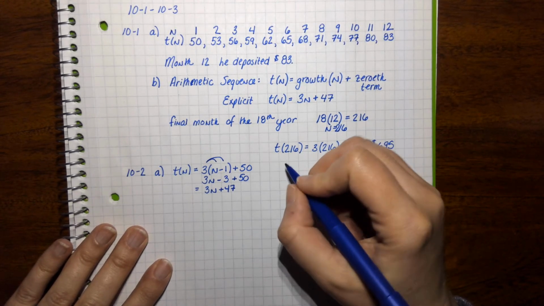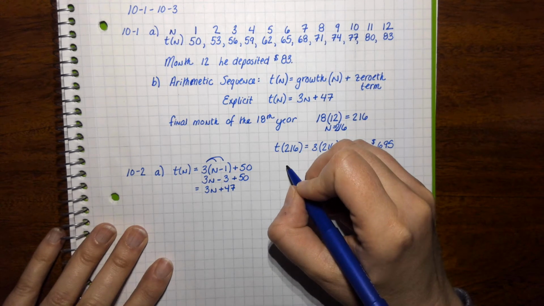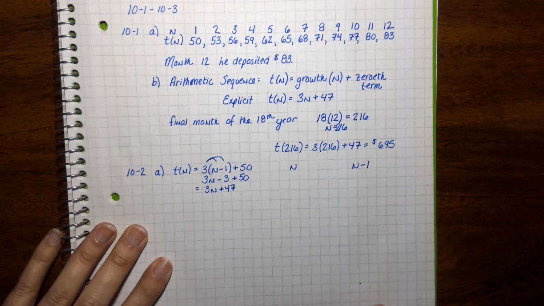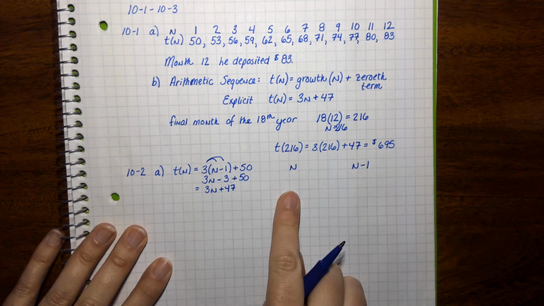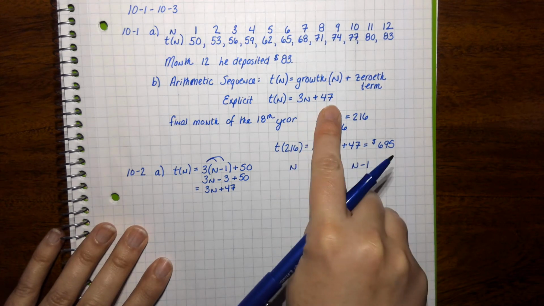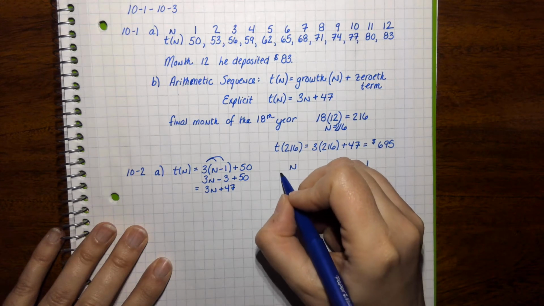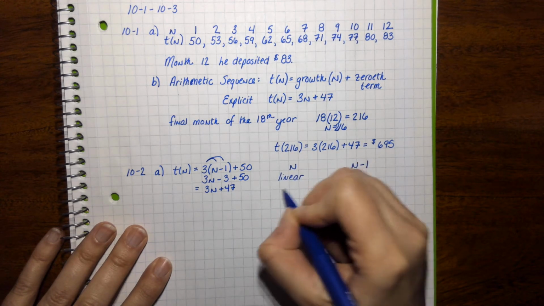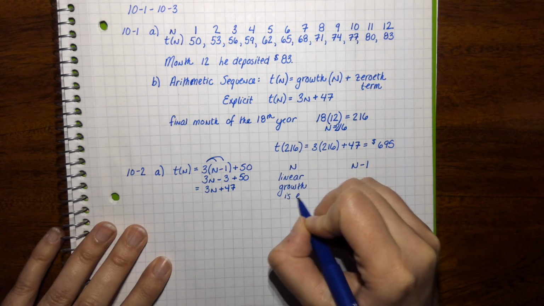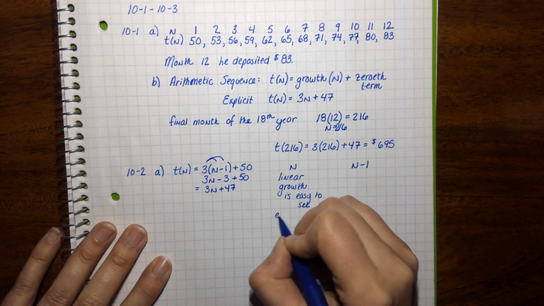We're not going to write Angela and Uncle Zachary; we're going to write in terms of n or in terms of n minus 1. What are the advantages of writing it in terms of n? Well, it looks linear. You can see the growth easily. Easy to plug into.